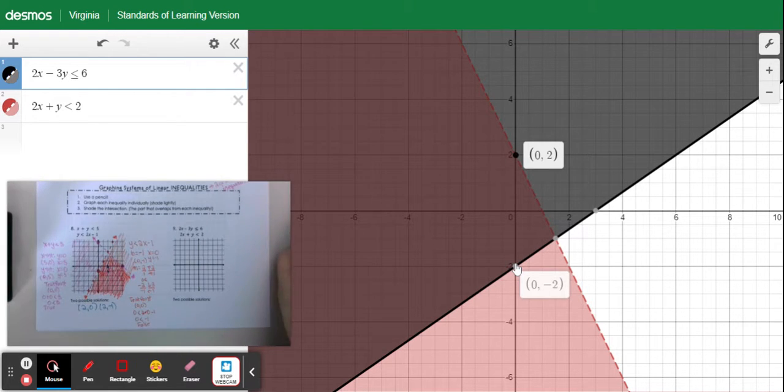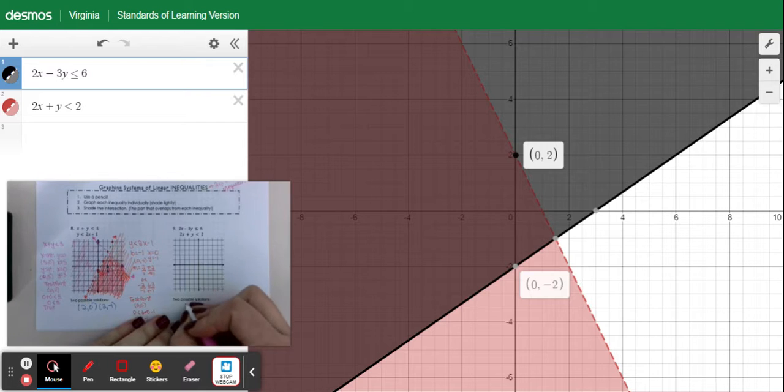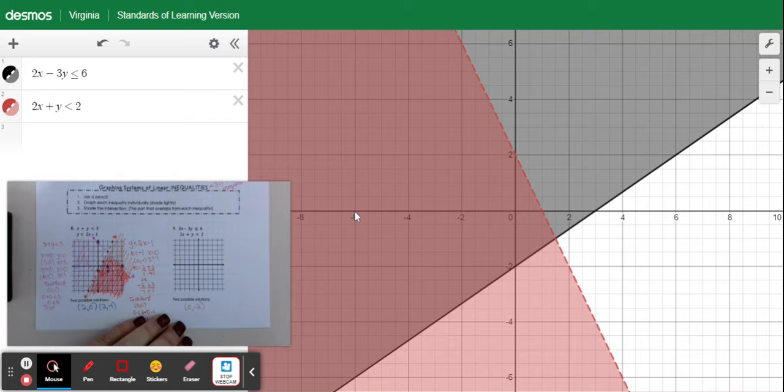So 0, -2 is a solution because it falls on the solid line around the double shaded region. This point here, -6, 0, is clearly a solution. Anything in this shaded region is a solution.